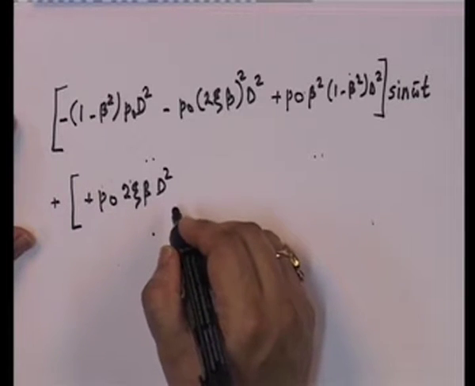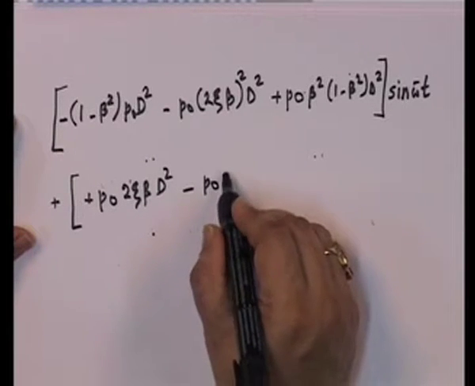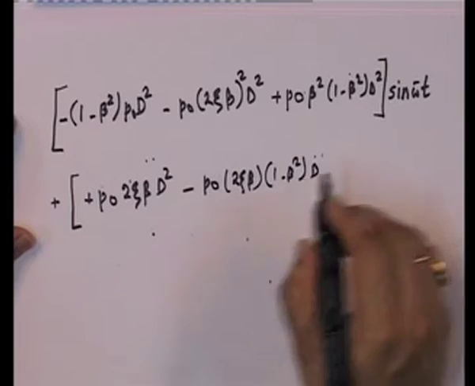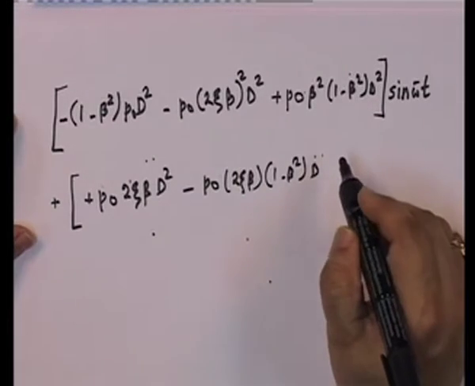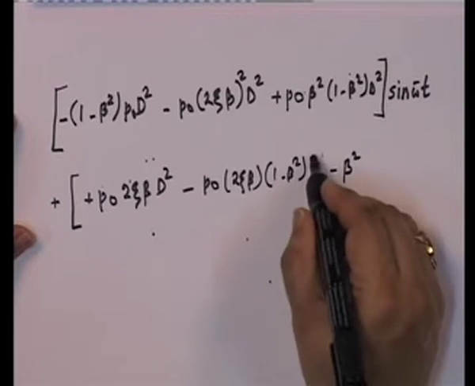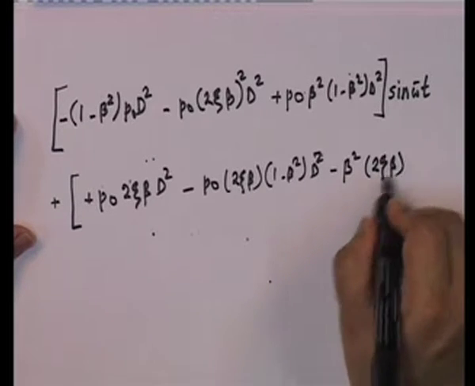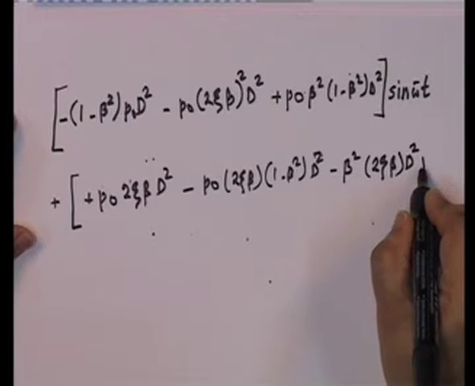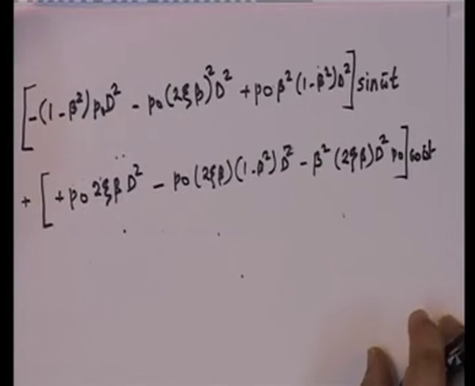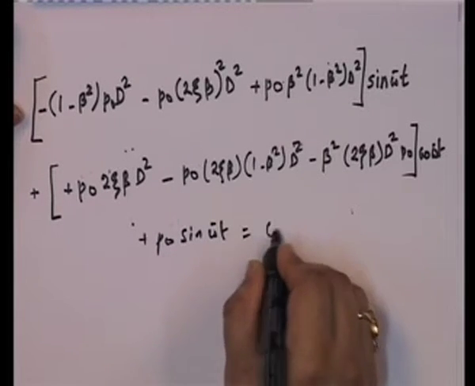Then from the other one I get minus P naught into 2 xi beta into 1 minus beta squared d cosine, and then from the other one I get minus beta squared into 2 xi beta d squared P naught into cosine omega bar t, plus P naught sin omega bar t is equal to 0.